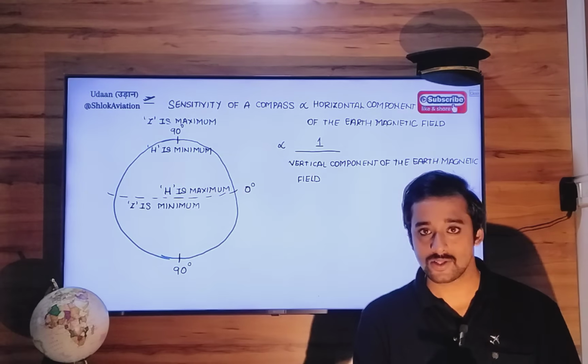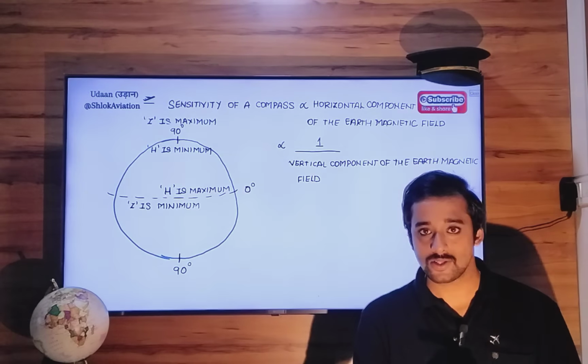Question 13. When cruising on a westerly heading on a direct reading compass, what will it indicate? So you are cruising on a westerly heading. This is related to acceleration and deceleration errors of the direct reading magnetic compass.